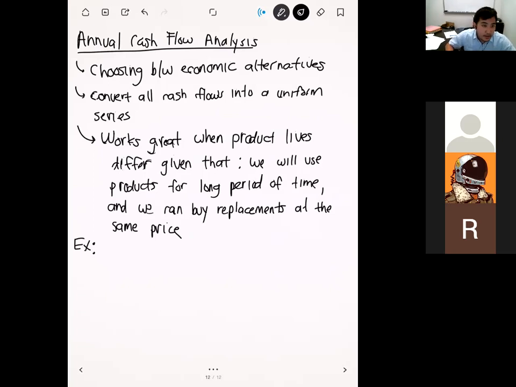Let's say that we're considering two different options, in this case two different pumps. Let's say that pump A has an initial cost of $7,000.